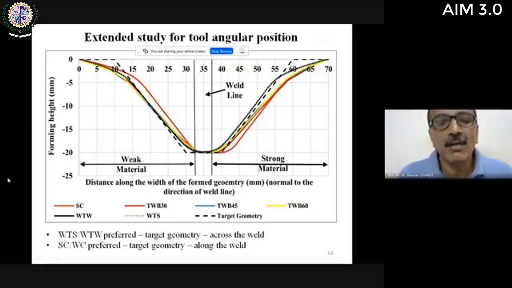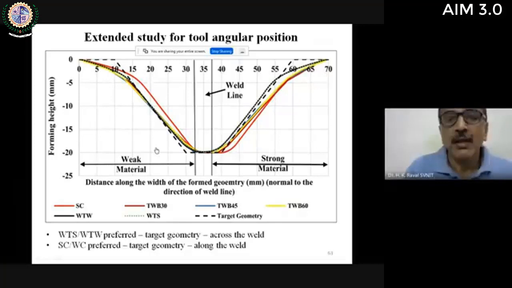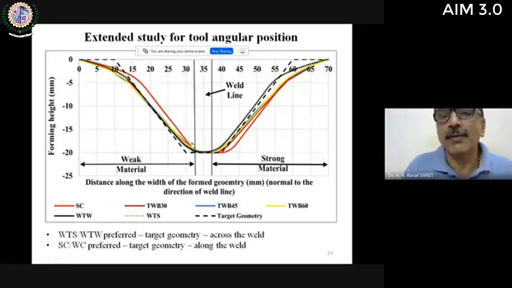You can see here that the tool starting point is the strong center. As the tool starting point is the strong center, and the geometry is measured normal to the weld line, meaning the geometry is measured along the tool starting point, strong center, it has deviated quite a lot.